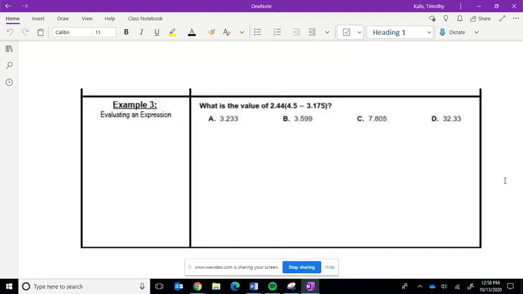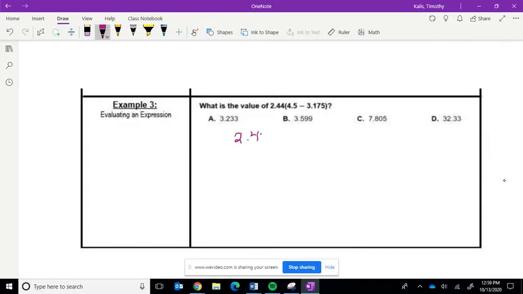For an example involving decimals, we are going to evaluate this expression using the order of operations. It says, what is the value of 2 and 44 hundredths times, in parentheses, 4 and 5 tenths minus 3 and 175 thousandths. The first thing we need to do is the parentheses.